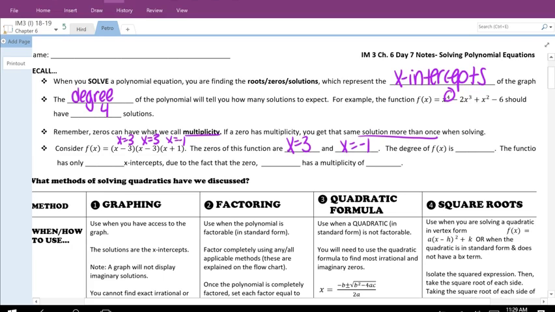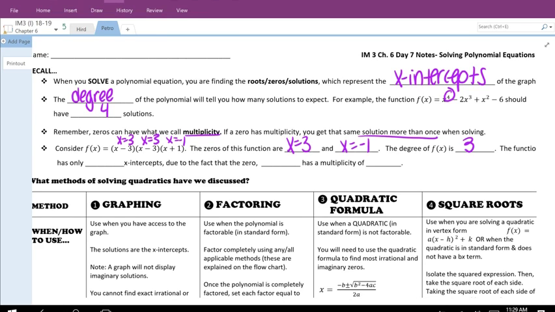But when we go back to our problem, it says the degree of the function is what? Well, if we count the x's, there are 1, 2, 3. So the degree is 3. But the function only has 2 zeros, and we just talked about how it should have 3. The reason is because it has this thing called a multiplicity of 2. It just means that that solution shows up twice.